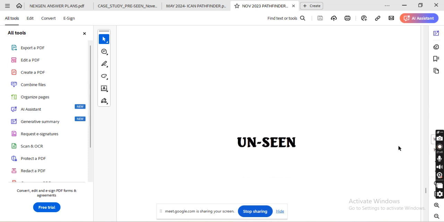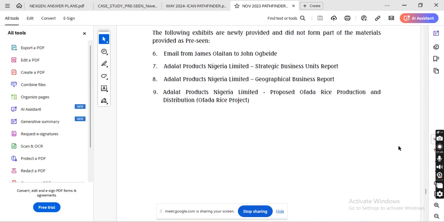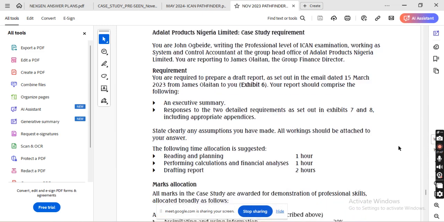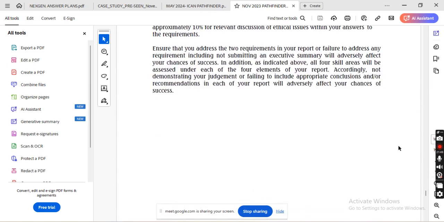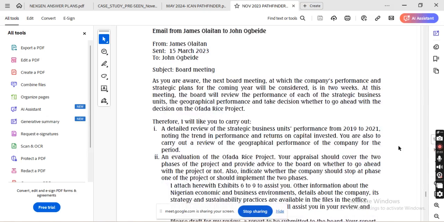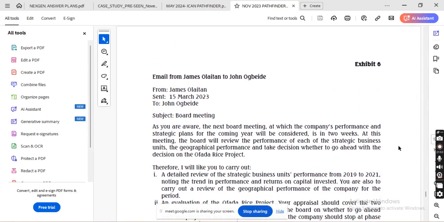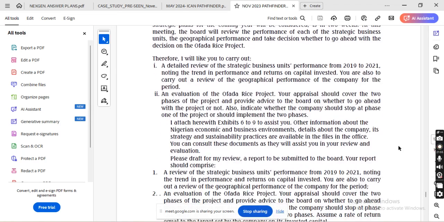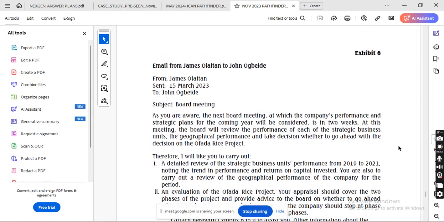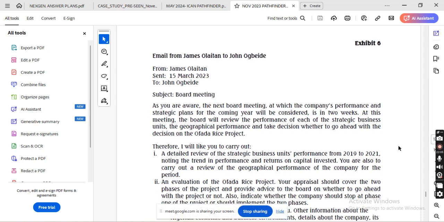This is the unseen. Can you see it? You scroll down after the first line, after this you go down. Then this is where you will see your requirements. Class, this is where you will still confirm again whether it is an internal report or an external report.